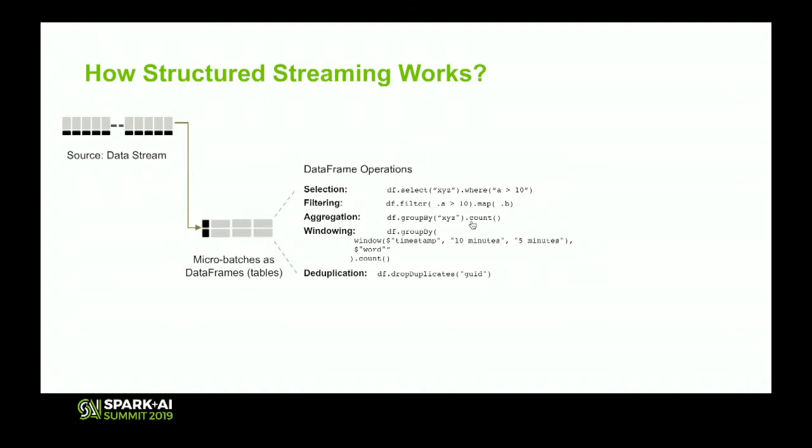So it uses the data frames API. So that's cool. If you have used data frames, you know what I'm talking about. Data frames is cool. It gives you a view of a table, right? So you're collecting all the data in micro batches, and each micro batch is now like a table. Now, once that becomes a table, you can run a query on that table, on that micro batch.